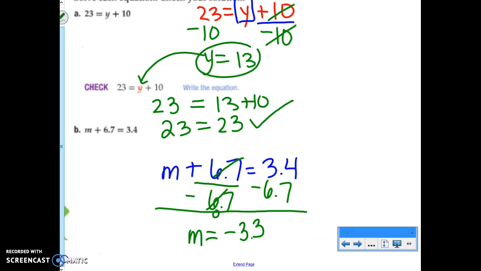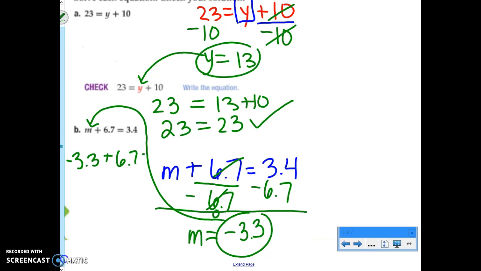Again, you can go back and check your solution. So I would just take negative 3.3 and plug this back in for my m, which would leave me with negative 3.3 plus 6.7, and that would have to equal 3.4. And on your calculator, you would be able to check if that were correct. Okay.